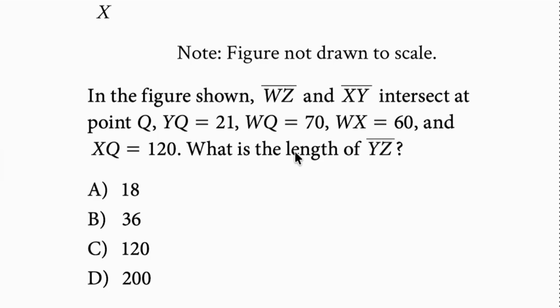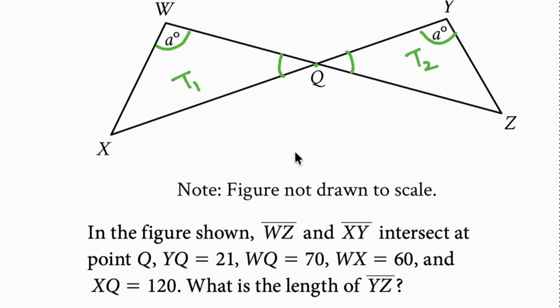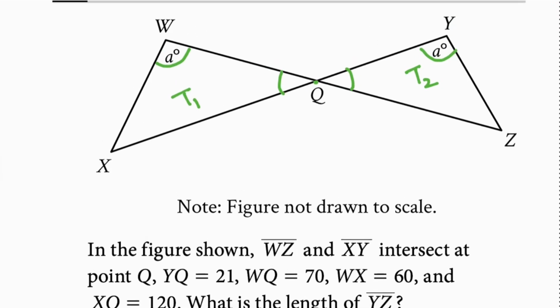In the shown figure, YZ and XY intersect at Q. YQ is 21. Okay, YQ is 21. This one is 70. This one is 60. This one is 120.